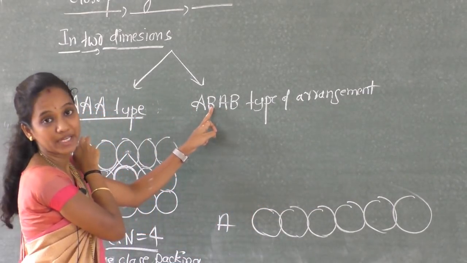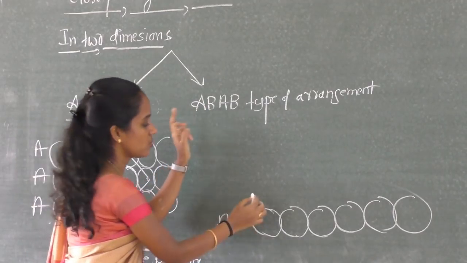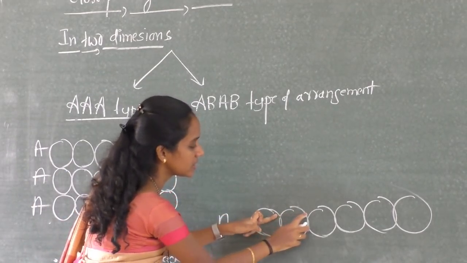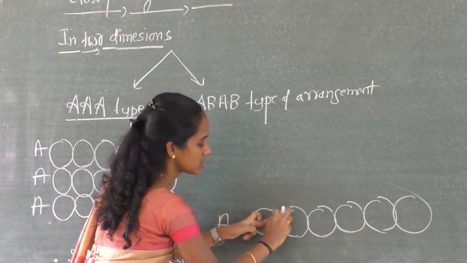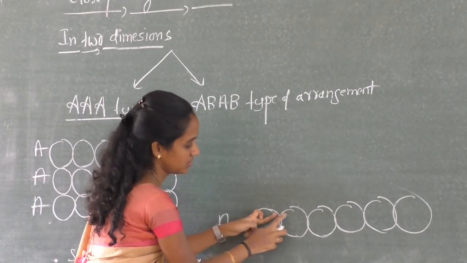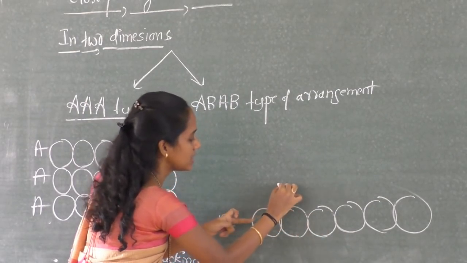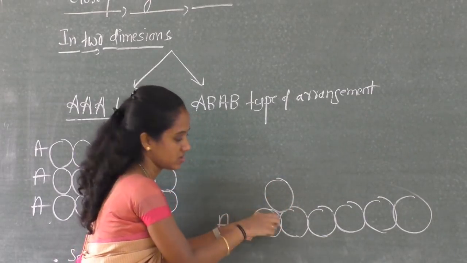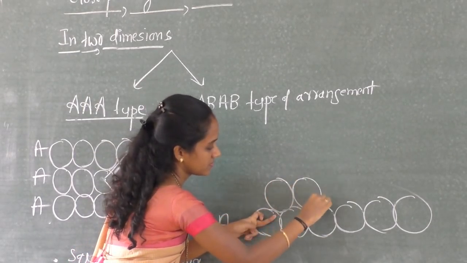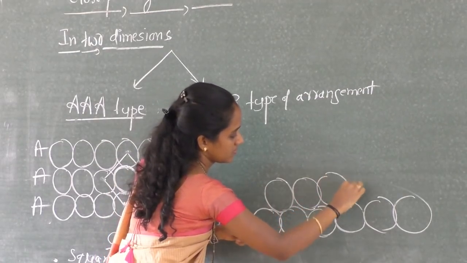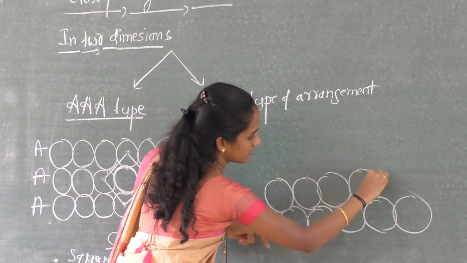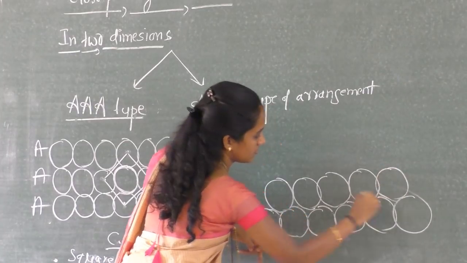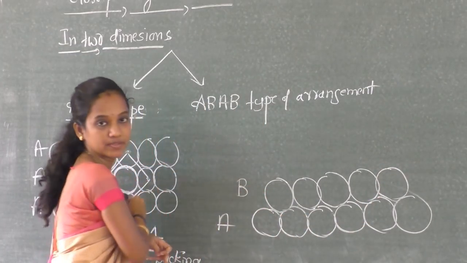The type will be B type, not like A. Here you can see the depressions. What do we mean by depressions? The empty spaces over here. These are the depressions. So I'll keep the constituent particle in the depression like this. So this is B type.